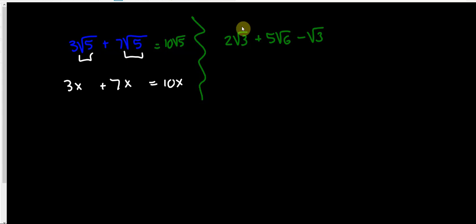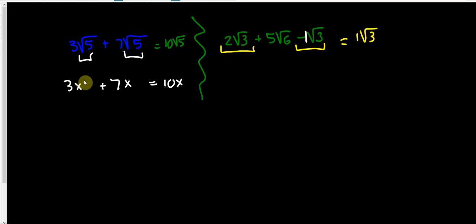Now this confuses people because all these have numbers out front. This one doesn't, but if there's not a number, what's understood to be there is a 1. Okay. Now next thing, which one of these are like? Well, these both have square roots of 3, so I can combine those. So what is 2 minus 1? Well, that would just be 1 square root of 3.